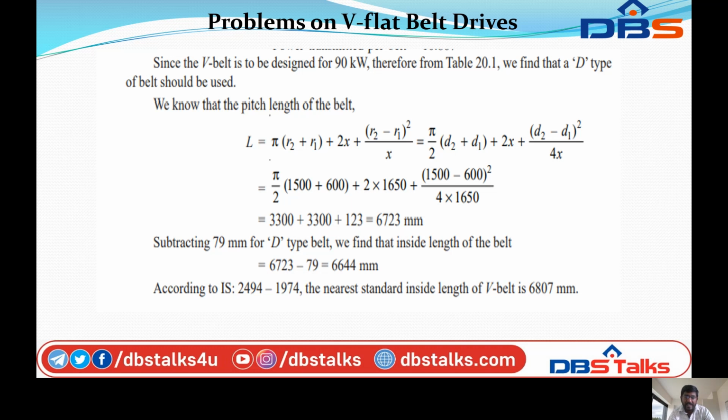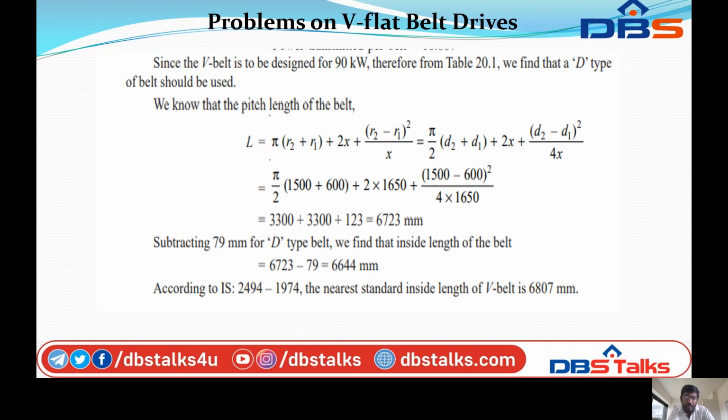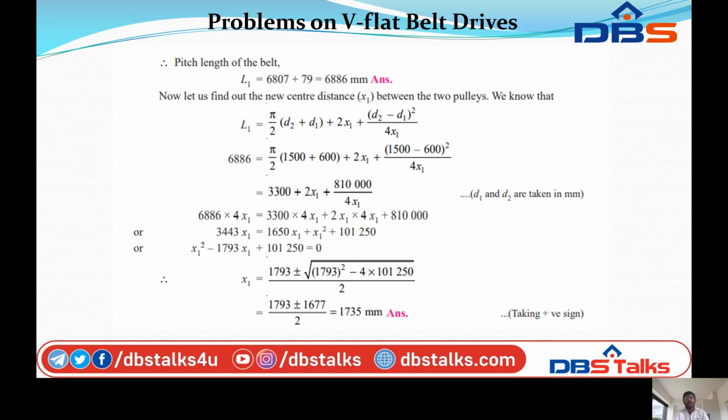You can see this in the table in previous slides. Next we calculate the pitch length of the belt: L1 is equal to 6807 plus 79, that is equal to 6886 mm.